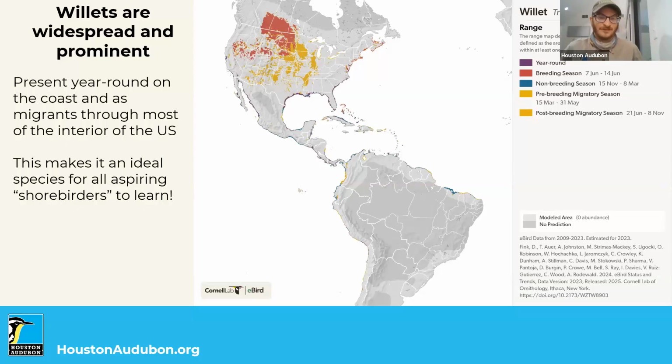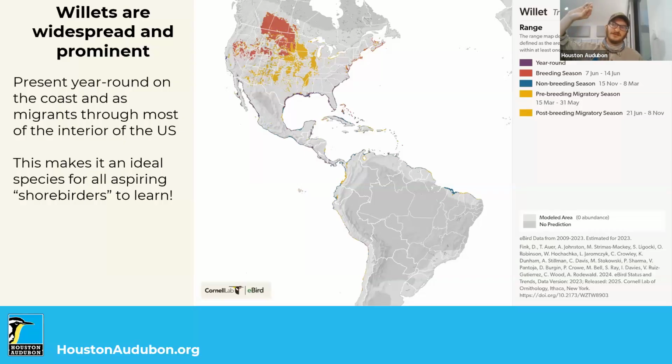Just looking at the range map here, I hope everyone can see it. The map from eBird shows red during the summer, yellow for migration, and because it's on the coast, it's a narrow band. If you can see my mouse, the Gulf Coast is year-round, and up the Atlantic to about the Delmarva Peninsula, in Virginia and Delaware, they're present year round.